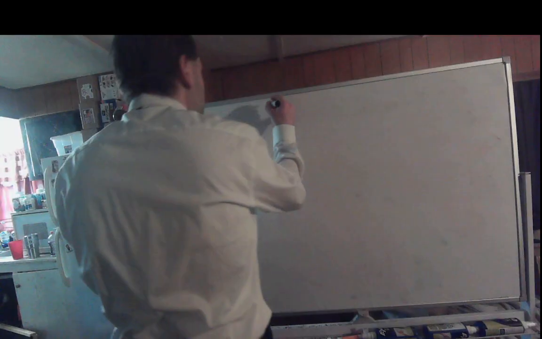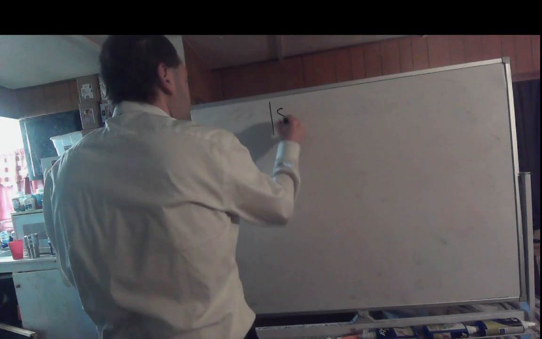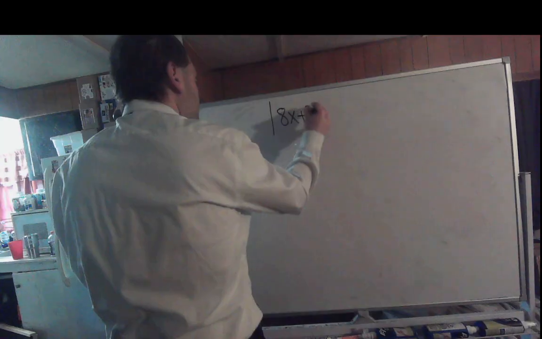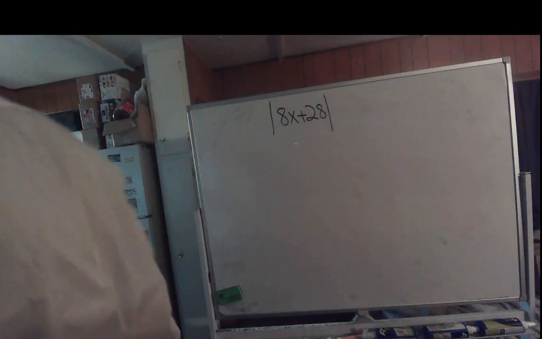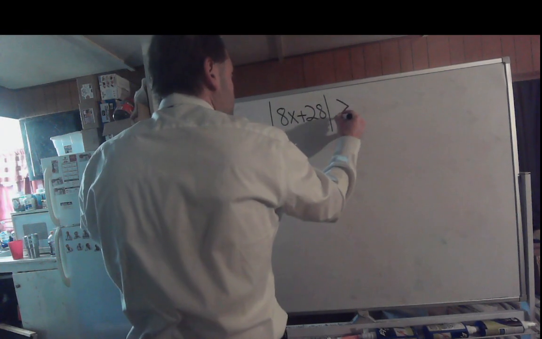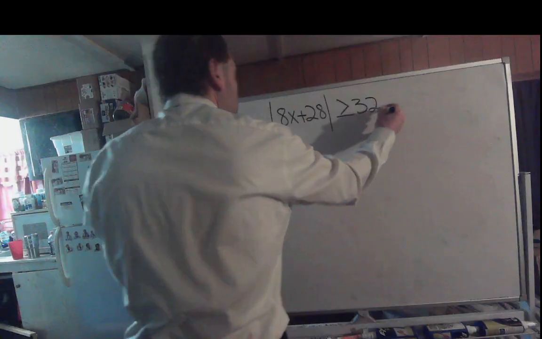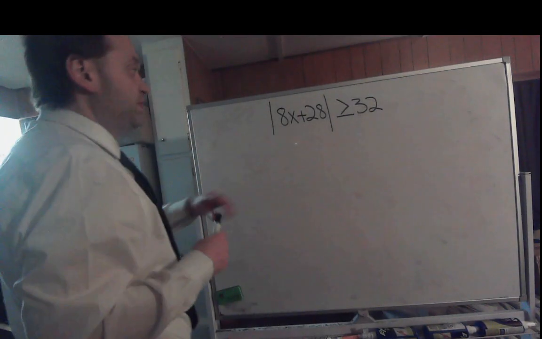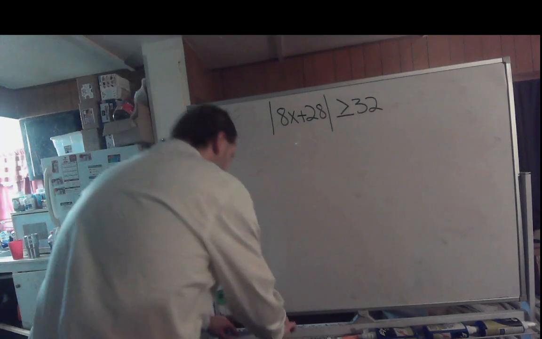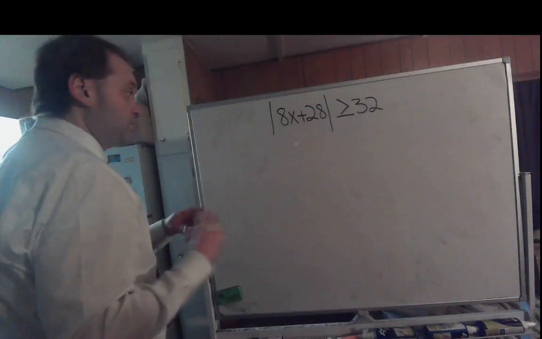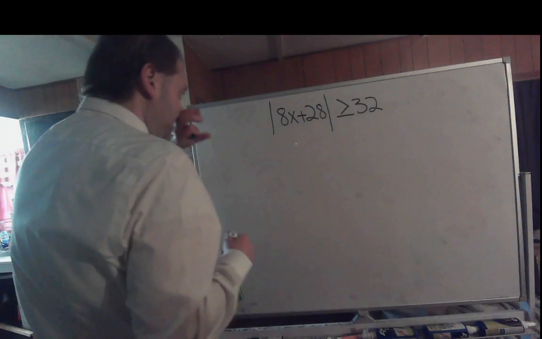So the absolute value of 8x plus 28 is greater than or equal to 32. All right, so let's do two separate inequalities again.